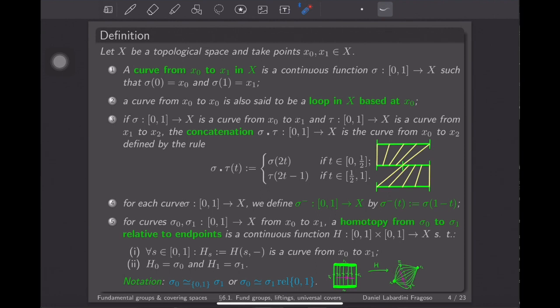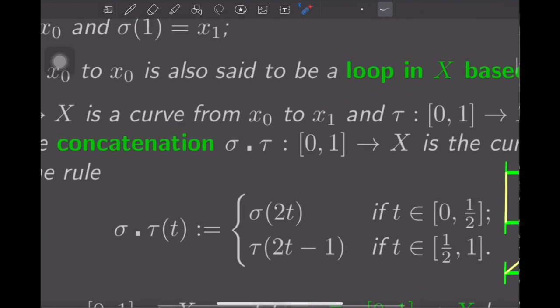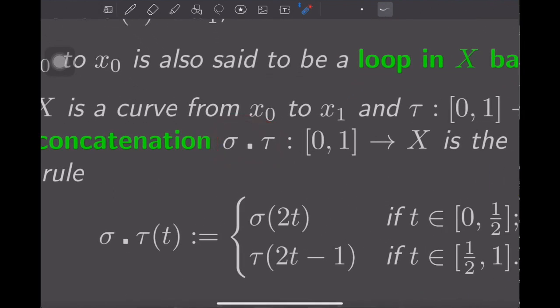And then a basic operation that one can define on curves is that if I have two curves that can be concatenated, one of them ending at a point and the other one beginning precisely at that same point, in that case we can define the concatenation, which I'm going to denote by sigma, this funny dot tau.